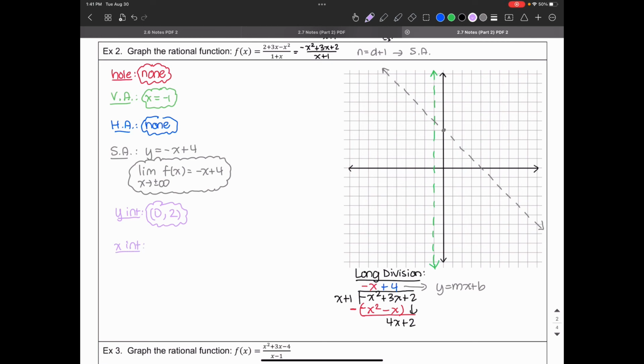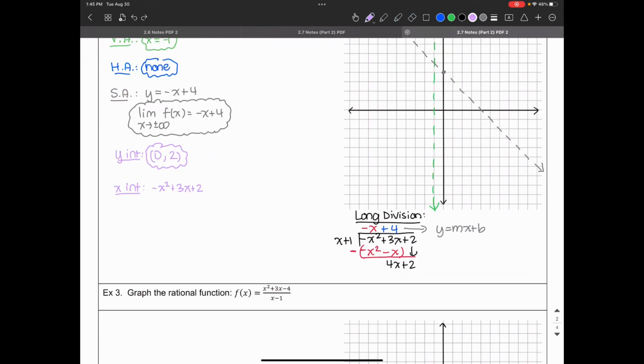I'm looking for when this up here is equal to 0. So when negative x squared plus 3x plus 2 is equal to 0, you would actually have to use the quadratic formula or your calculator, but you won't have your calculator on the test.